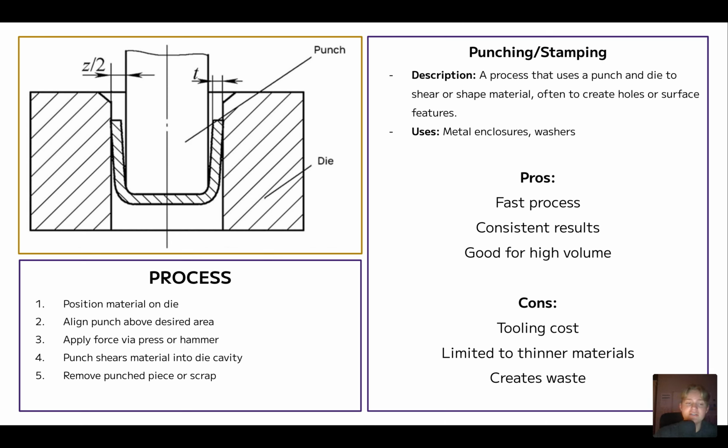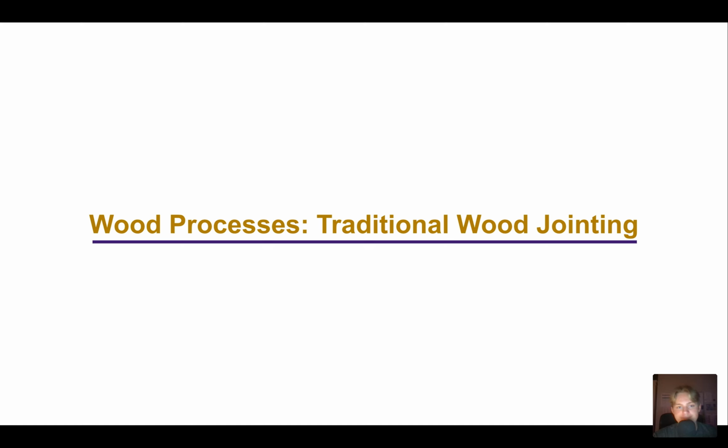So the process you'd need to describe is position the material on the die and align the punch above the desired area. Apply force via press or hammer, and the punch will shear the material into the die cavity, at which point we can then remove the punched piece or scrap.